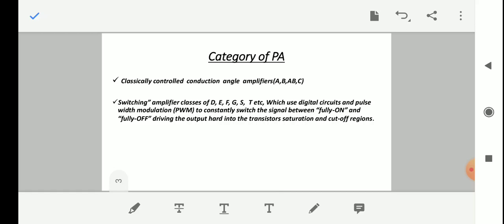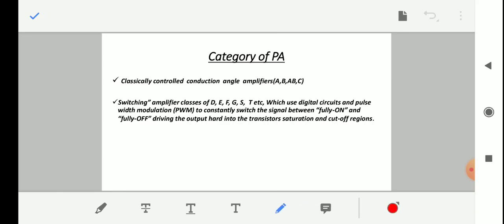In classically controlled conduction angle amplifiers, the transistors used in these amplifiers always conduct in the active region. That means the transistor will never enter the cutoff region.